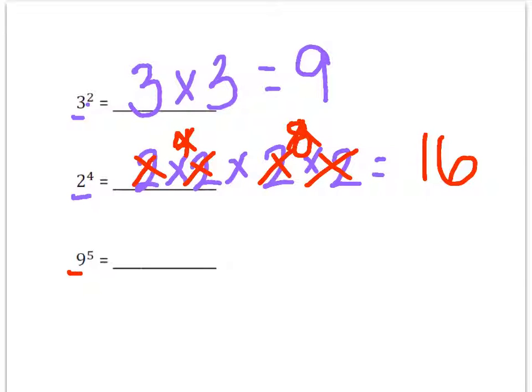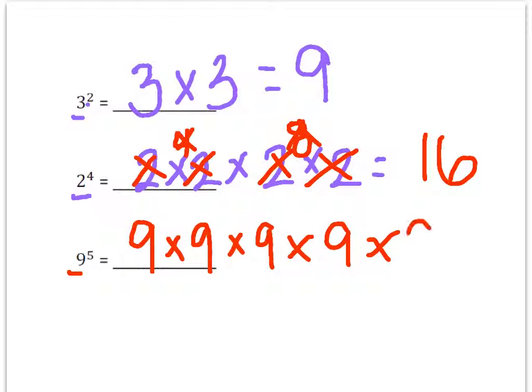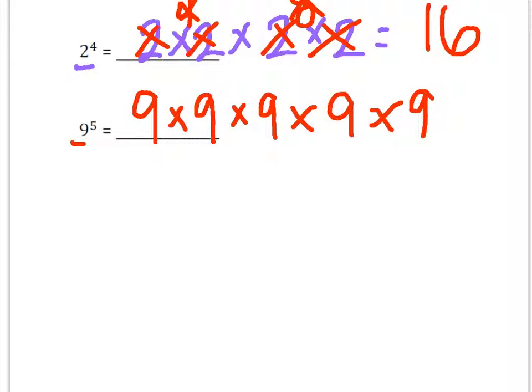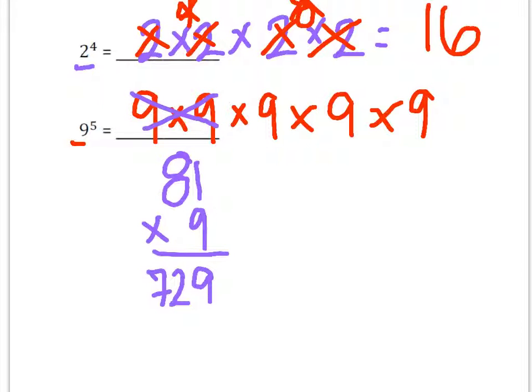For this one, I have 9 to the 5th power, so I have 9 times 9 times 9 times 9 times 9. You should know that 9 times 9 is going to be 81. You then have to multiply that by 9, which equals 729.